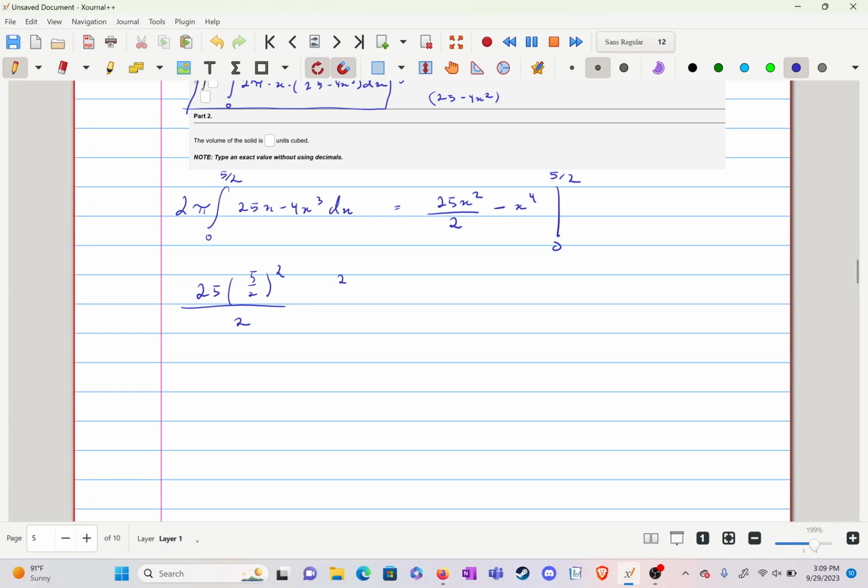So we have 25 over 4 times 25, and that's just going to be 625 over 4 divided by 2. So that's 625 divided by 8.